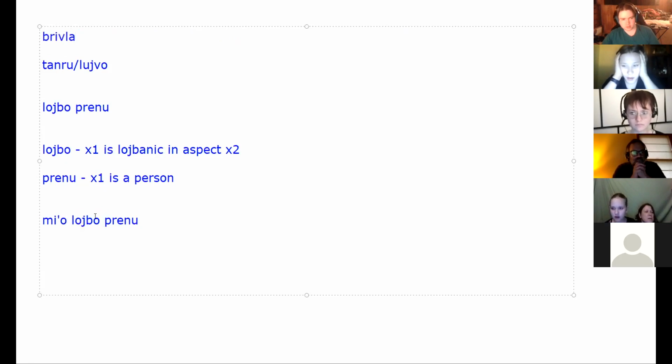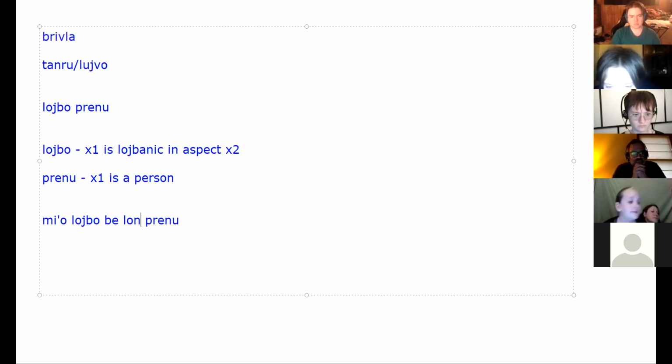But the cool thing is you can actually attach stuff with tanru because you've got the full thing laid out. If I wanted to attach something to the X2 place of lojbo, I can use this word be, and it's sort of like a dash. Lojbo be lojbanbao, the Lojban word for Lojban.